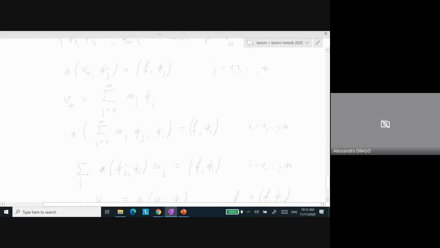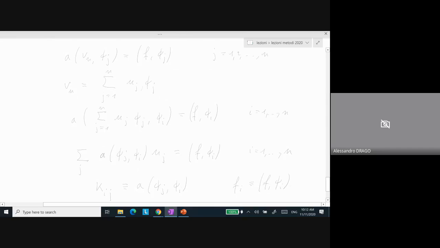In this case, we are not trying, so to say, to compute the eigenfunctions. We are looking for some basis phi j. So how do we choose this basis? Well, now I provide a couple of examples.